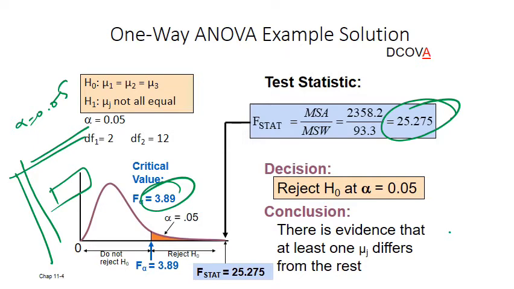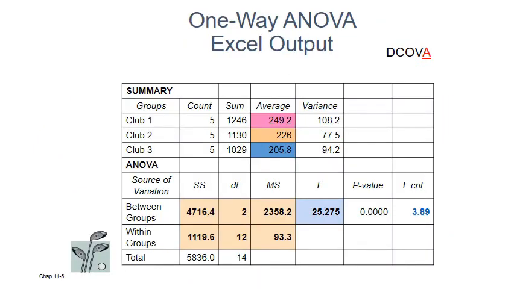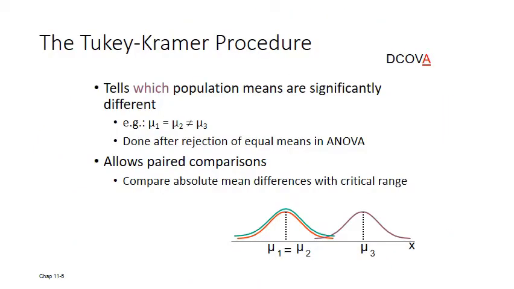So you will accept or reject on the basis of this. Let's say we reject H0, we say that all three means are not equal, then we apply the Tukey-Kramer procedure. We apply the Tukey-Kramer procedure when we reject H0, make sure of it. Otherwise we don't need to apply it, because we say that all three means are equal.